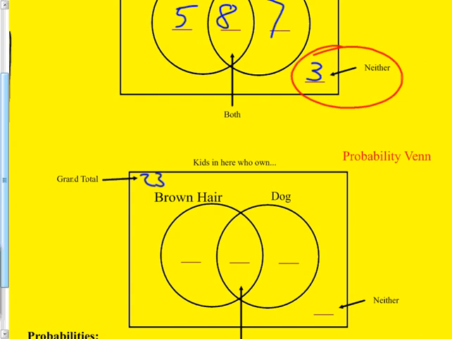Instead of having the 5 here, I have the 5 out of 23. That means there's a 5 in 23 chance that if I pick a kid at random, I'm going to get a kid that has brown hair and does not have a dog. That's what that little spot represents.